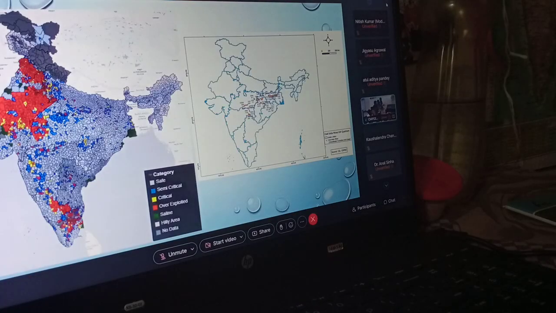When we superimpose them over here, you can see the majority of the coal mines are falling in semi-critical to safe, barring a few blocks which are critical and overexploited. So 98% of the mines are falling in the safe to semi-critical category. That is the emphasis we can draw out of this.